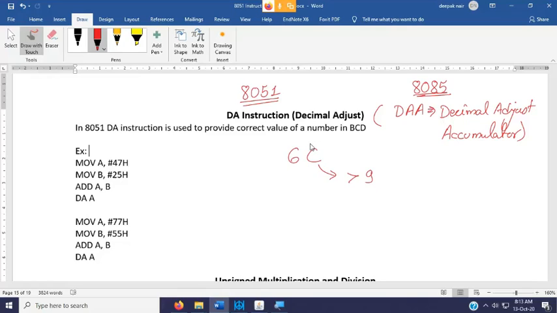That means it will add 6 to that digit and give you the actual value of the number in BCD. It will add plus 6 only with this digit. Plus 6 will not be added to the other digit.